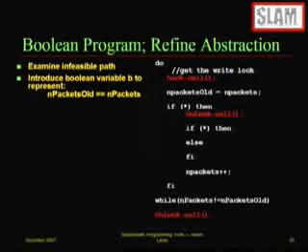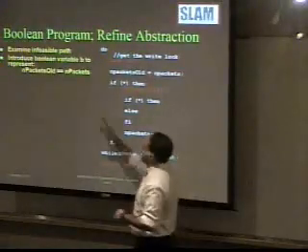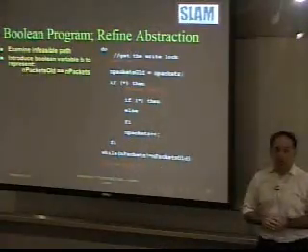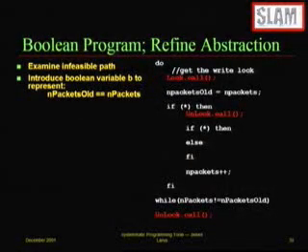and so we're going to refine the model there by introducing a new variable b, this Boolean variable b, which represents the condition n packets old equal n packets. And this is actually the real trick behind SLAM, to be able to figure out what these Boolean variables are and the conditions they represent so that you can rule out infeasible paths.